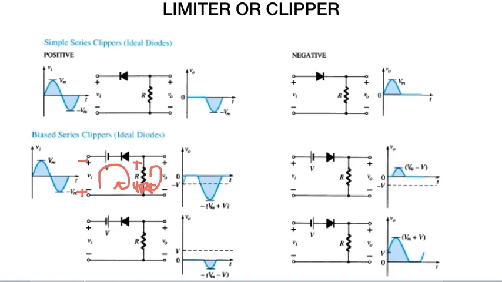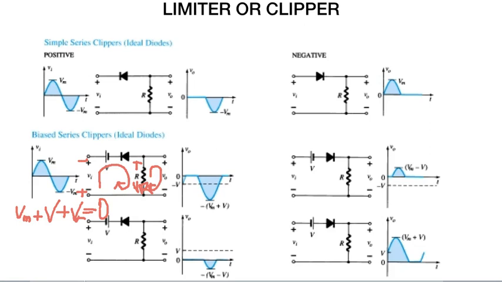From the initial equation, minus Vm plus V plus VR equals 0. By this equation we get VR equals minus Vm minus V, and VR equals V0. So V0 equals minus Vm minus V, which is this value.